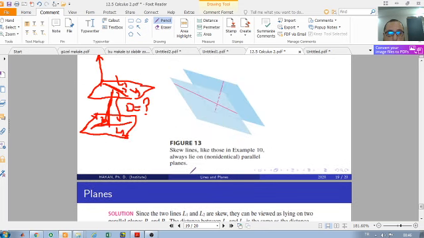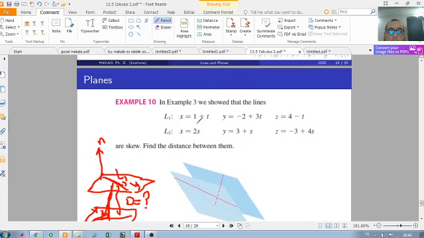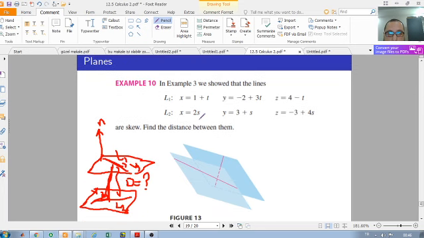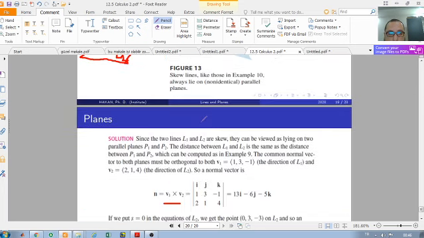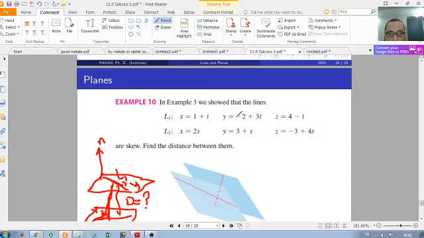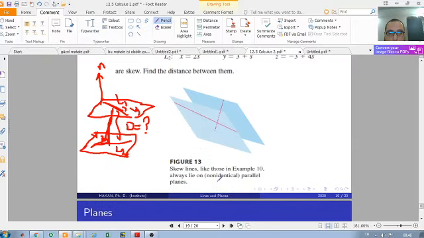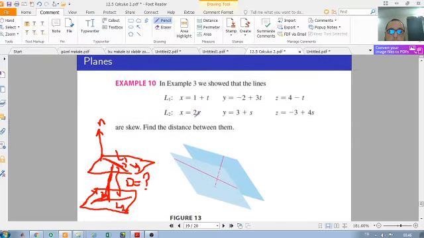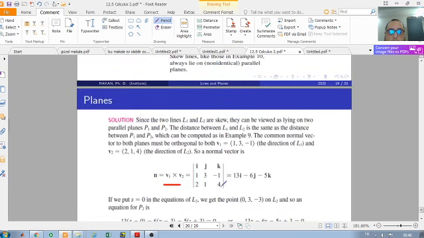The direction vector of L1 has the components which are the coefficients of the parameter t. If you look at the parametric equations formula for a line, the first has components 1, 3, minus 1, and the second one has the components 2, 1, 4.